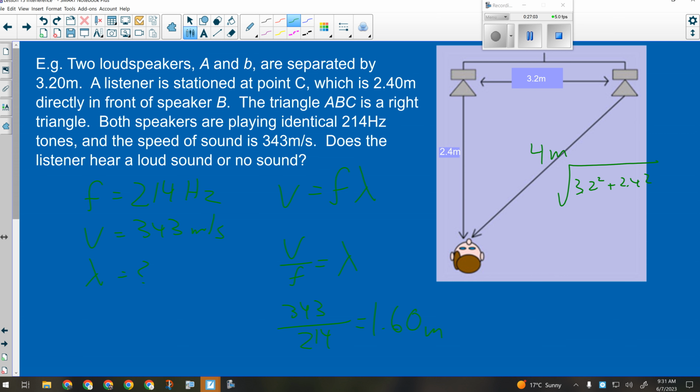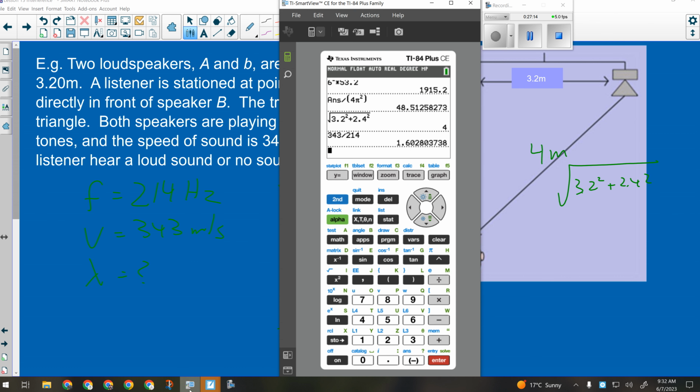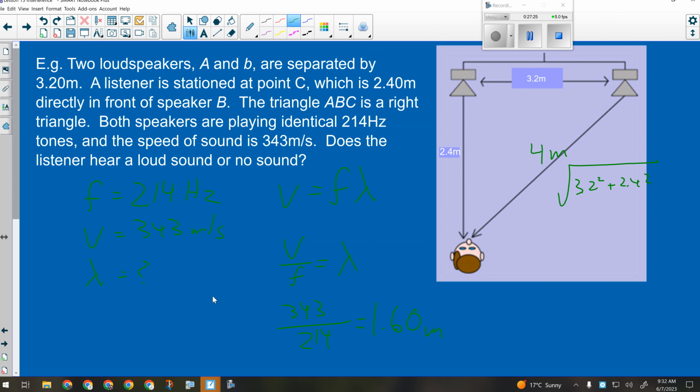Length divided by the wavelength. Right, length divided by the wavelength. That'll give me the number of waves. All right, so for this one here, 4 divided by 1.6. Okay, 2.4956. Is that close enough to 2.5? Okay, so this is 2.5 wavelengths here.